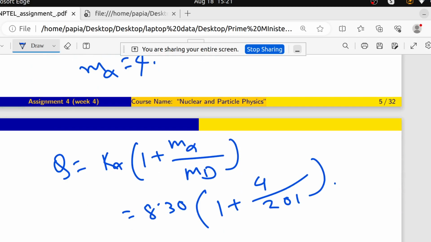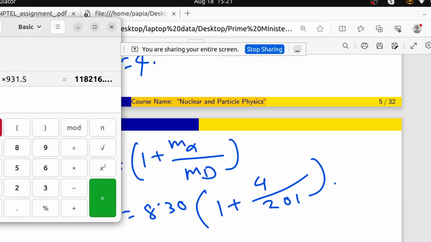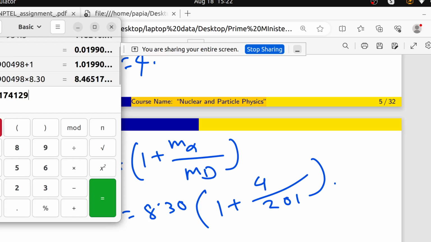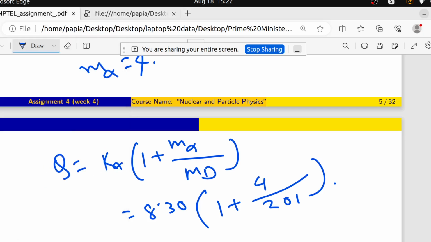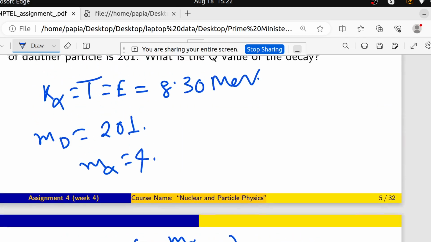Let me calculate this one. 4 divided by 201, this plus 1, into 8.30. So the answer will be 8.465, sorry, 8.465.